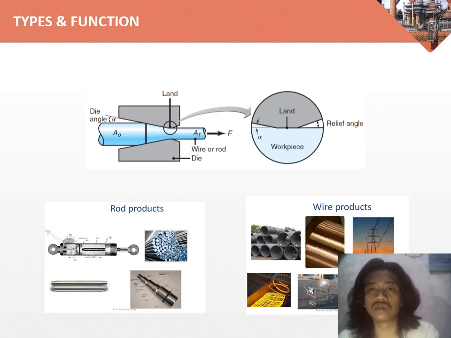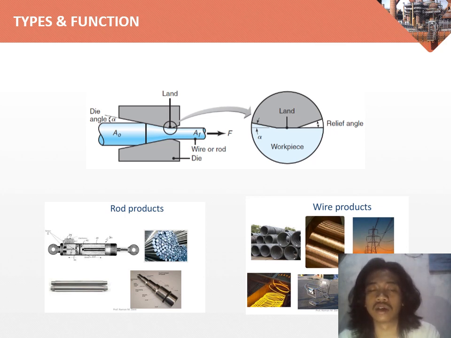These three processes use the same principle, that the material is drawn through a die that will reduce the diameter and increase the length.